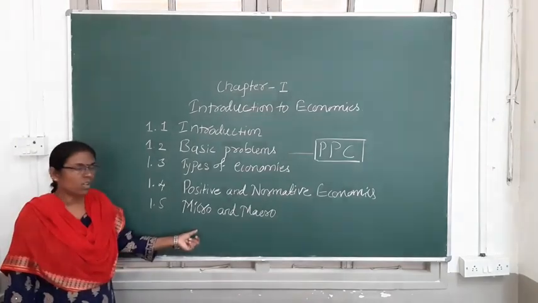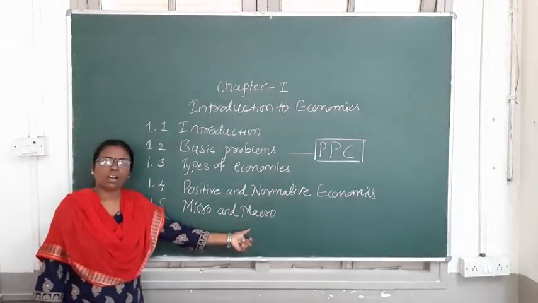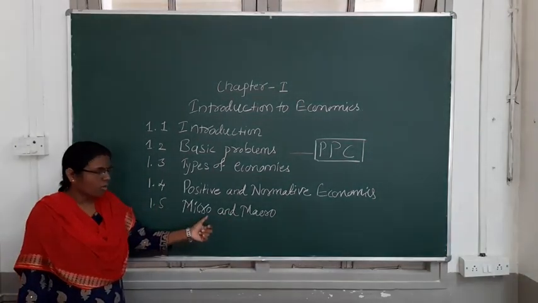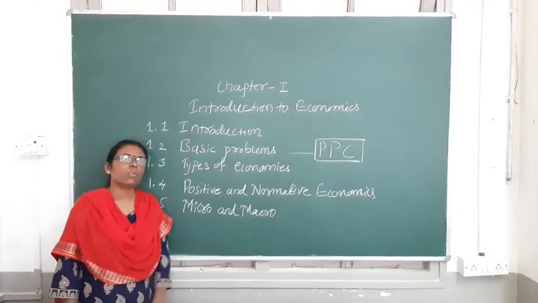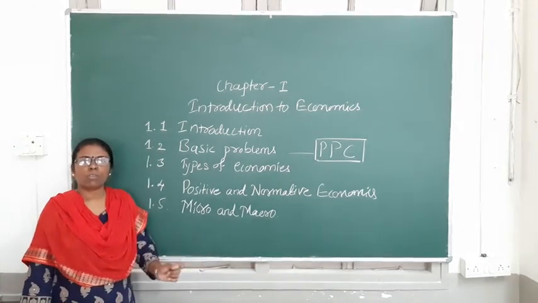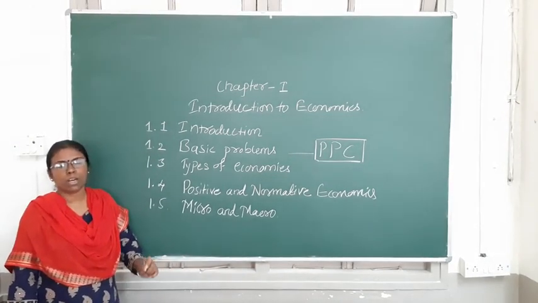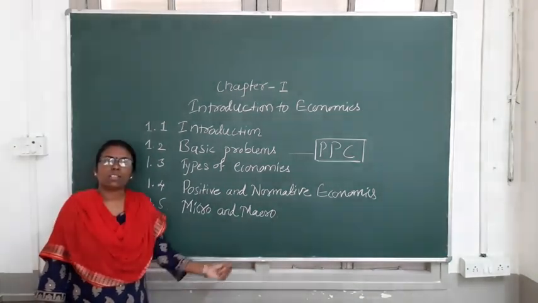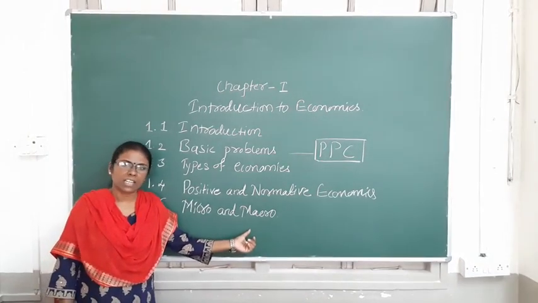Micros means small and macros means large. So what is microeconomics and what is macroeconomics? Microeconomics is the study of economic activities of the individual part, and macro is in general or aggregate.